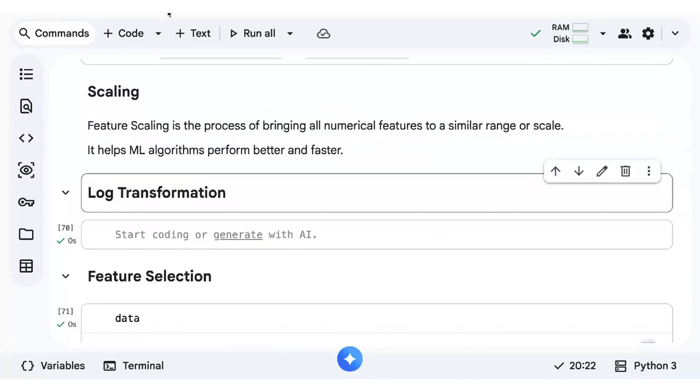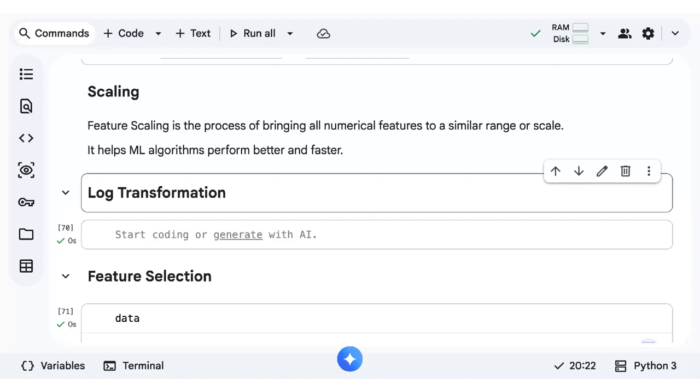It's just like if I'm teaching machine learning, I should have a similar mindset, bringing everyone with the same knowledge to the class so that my class will be very smooth. Same goes here. When you have numerical columns, in order to bring all the numerical values to the same scale or range, usually we use the scaling concept. Scaling helps in bringing all the values to the same scale, which helps machine learning algorithms perform better and faster.